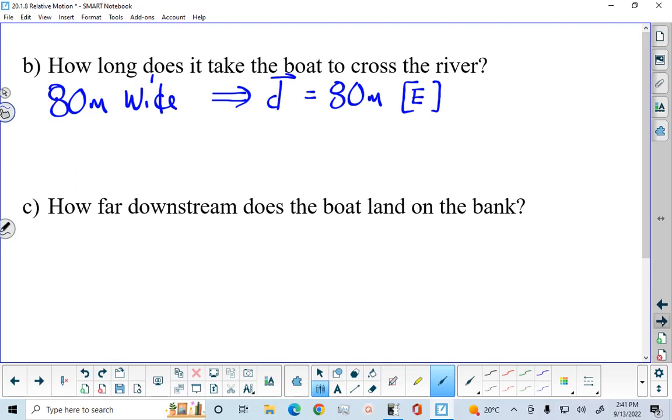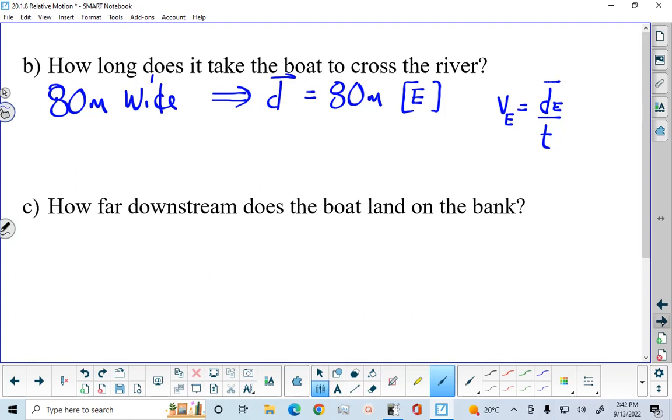So when you start looking at your speed equals distance over time formula to solve this problem, to find the time, we have to use 80 meters east, and that means we have to use a velocity east. You can use that speed equals distance over time formula for any situation as long as the direction of the displacement and the direction of the velocity are the same.